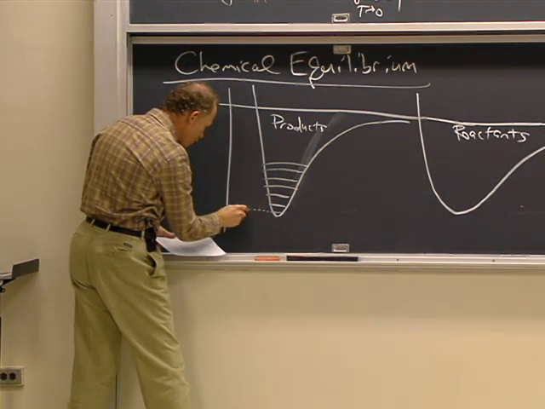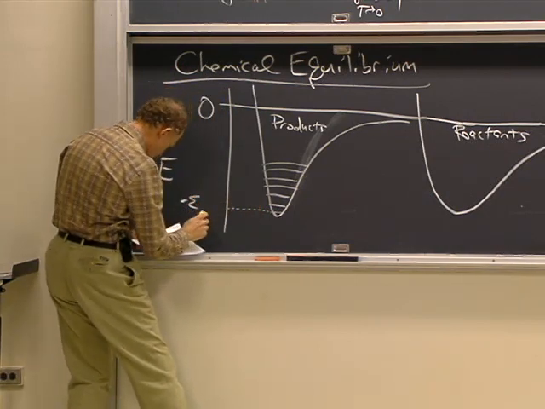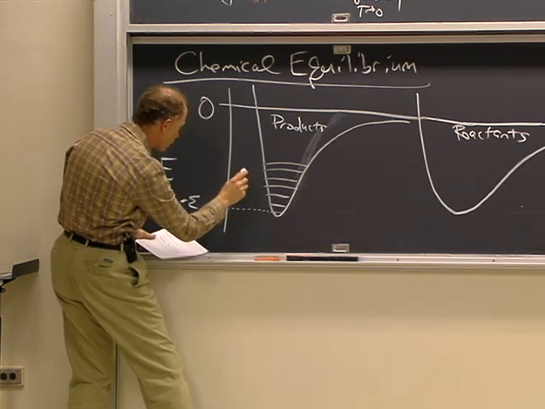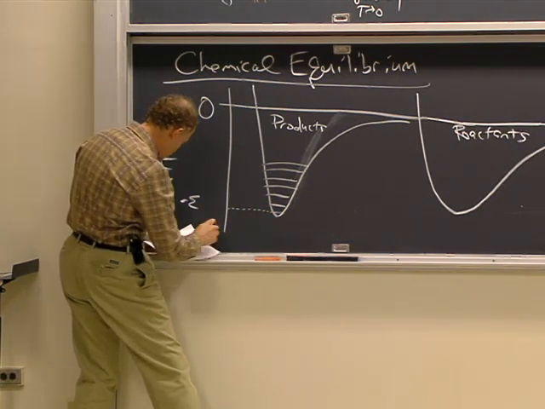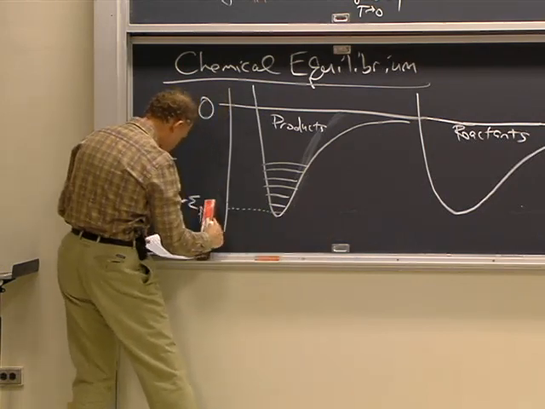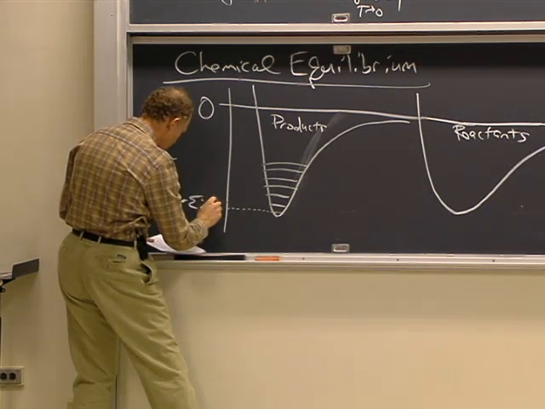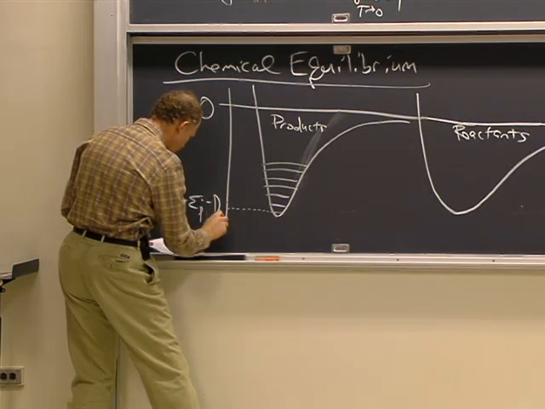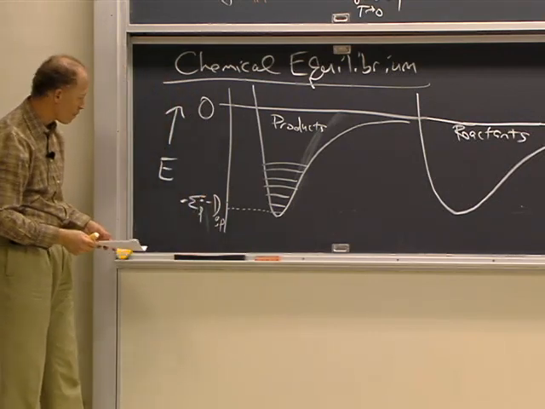And there's a dissociation energy. So minus E, and I'll call this for the products, EP. And it's just minus D0 for the products, right, in the terminology that we've seen before.